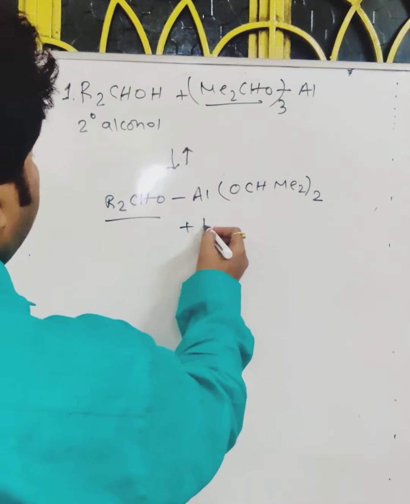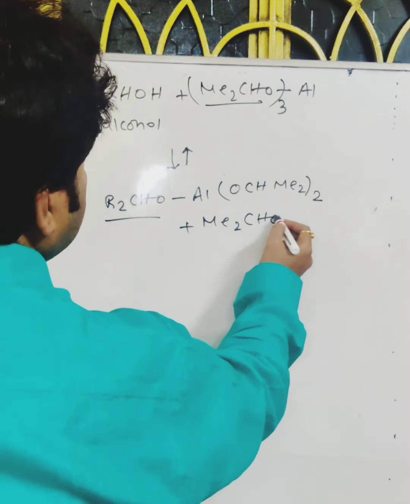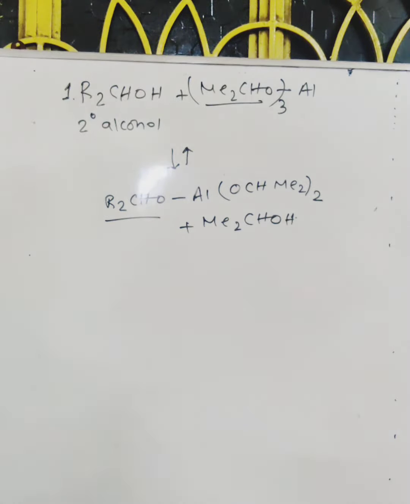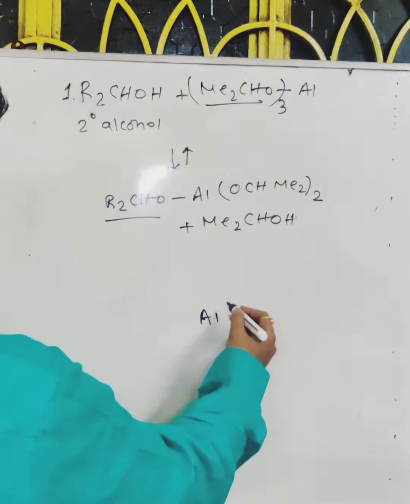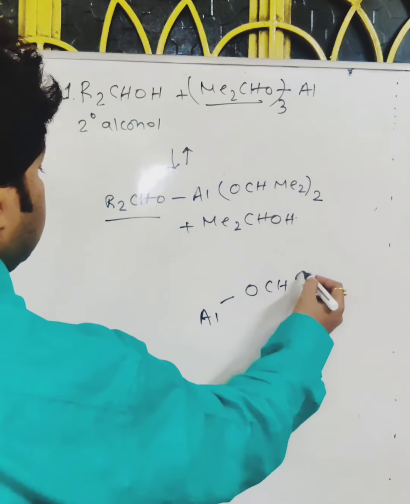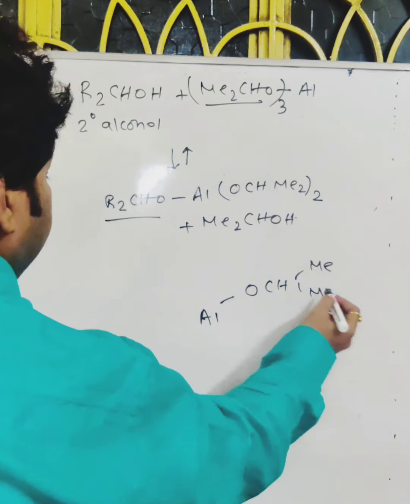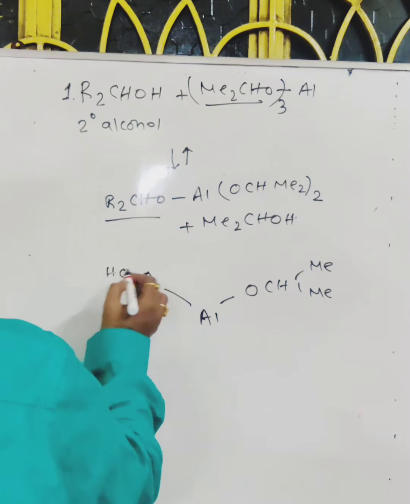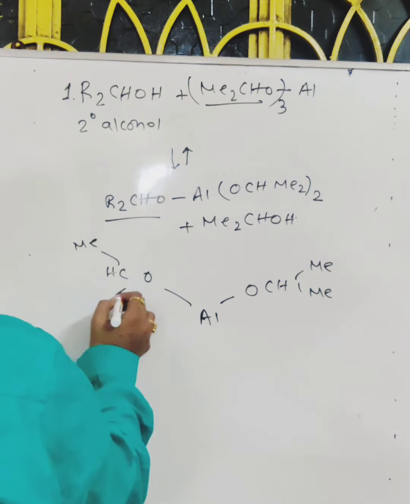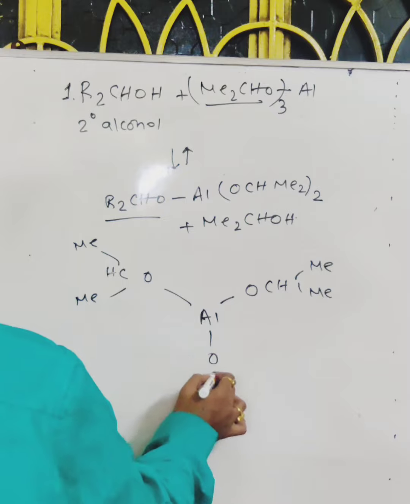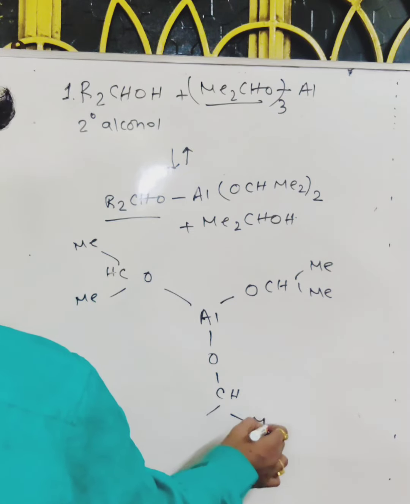That one is being converted to Me2CHOH. Think about it. How are we actually doing this? We have OCHMe2, we have OCHMe2, and we have OCHMe2. Right?